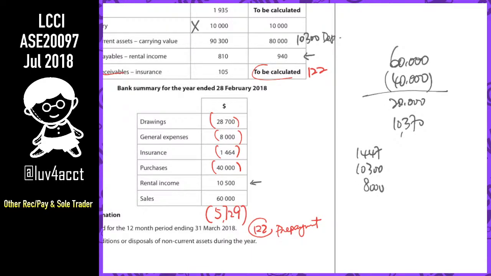Nothing else. 19747 for expenses. 10623 for the profit.